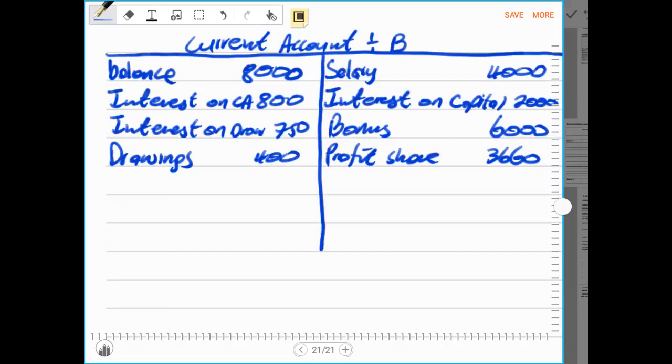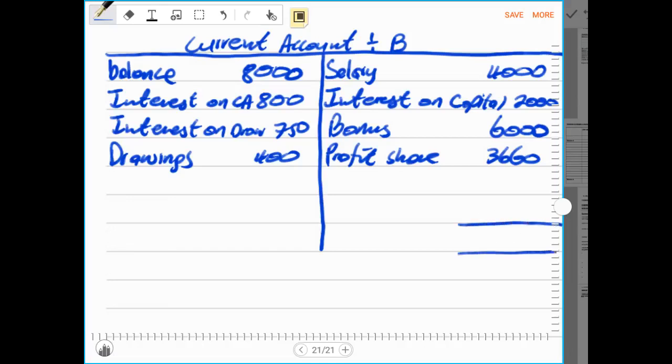That will be an amount of 4,000 rands. So we have recorded 8,000, we have recorded 800, 750, and the 4,000. On the credit side, we have 6,000, we have 2,000, we have an amount of 4,000 rands, and we have an amount of 3,660. We have recorded all the entries that were necessary in this ledger account.